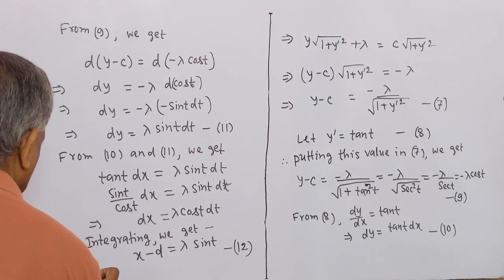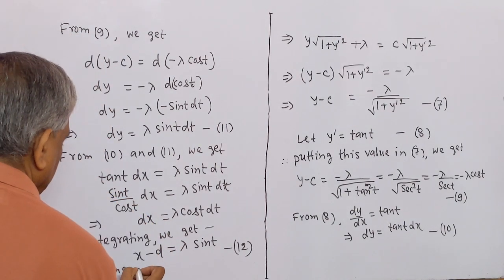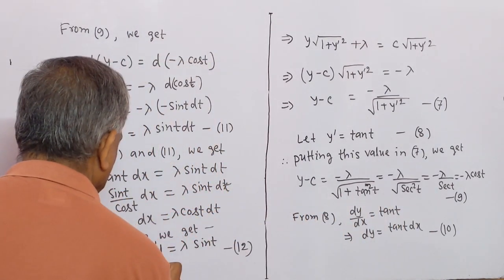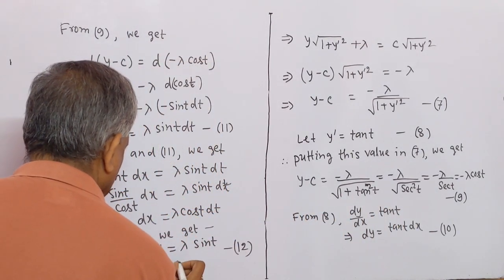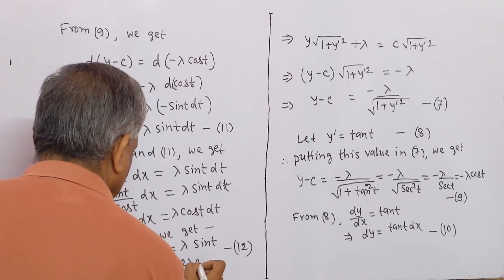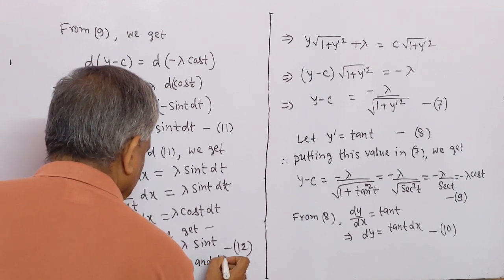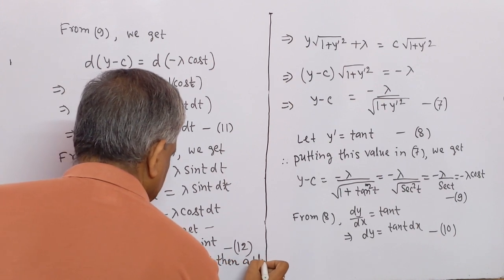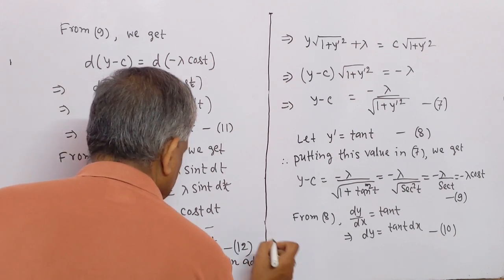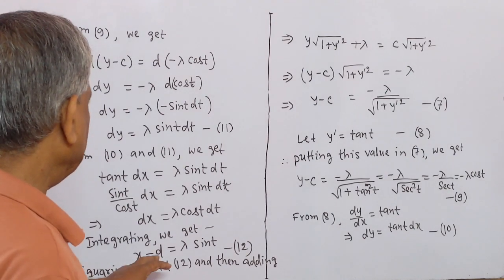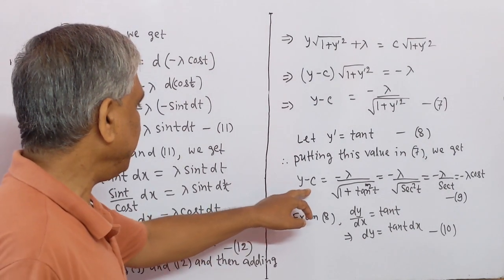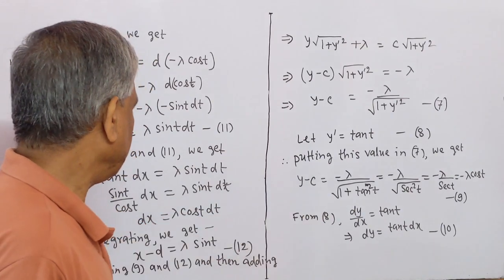Squaring 9 and 12 and then adding, we get x minus d whole square plus y minus c whole square.